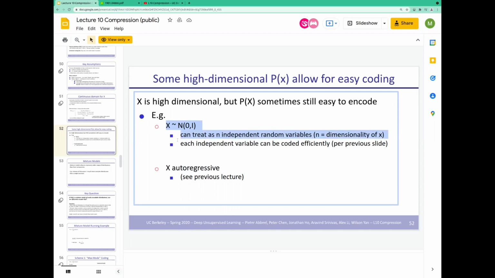And so you'd code each random variable efficiently and then combine them together into a bigger one. Or if there's interdependence, you can use an autoregressive model.